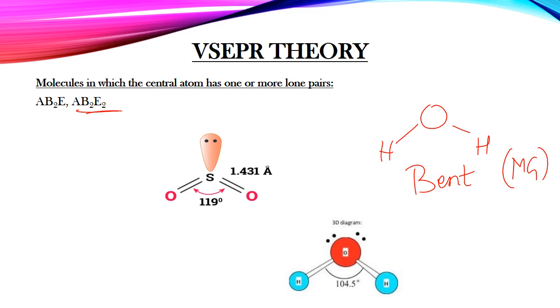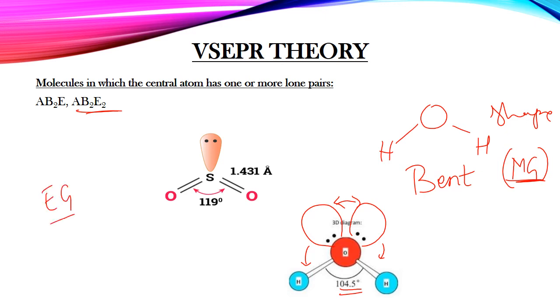The molecular geometry is bent because, as I said earlier, lone pair repulsion is maximum. So lone pairs push the bonded pairs away from them, which decreases the bond angle from 120 to 104.5. So the molecular geometry or the shape becomes bent.